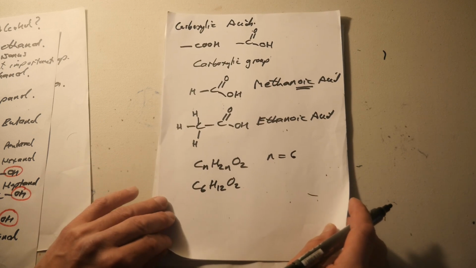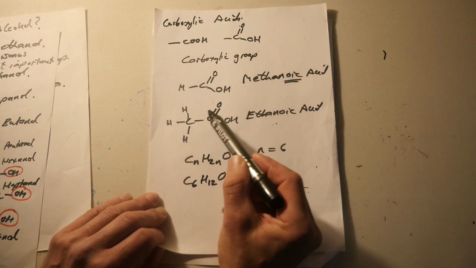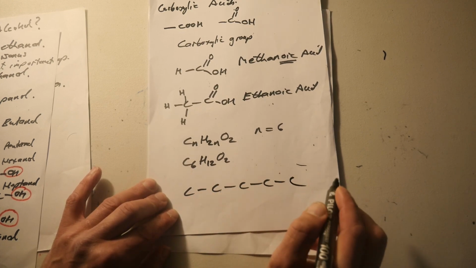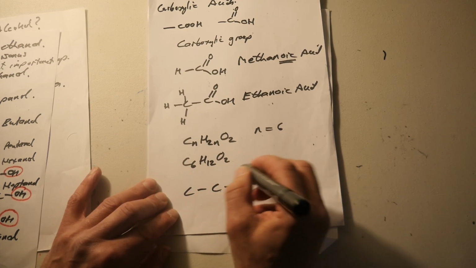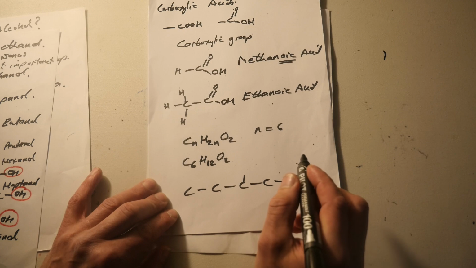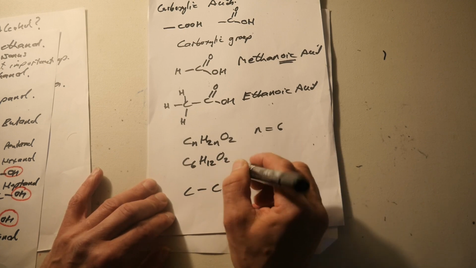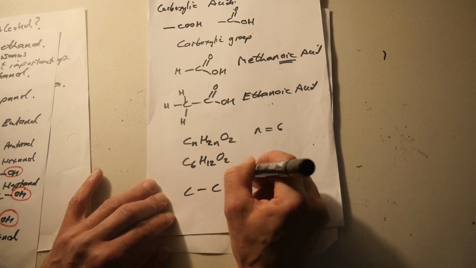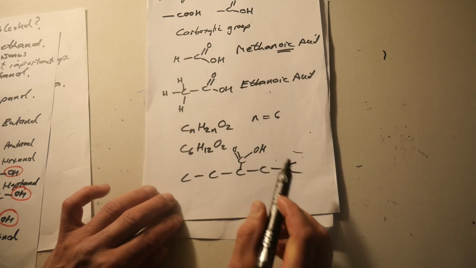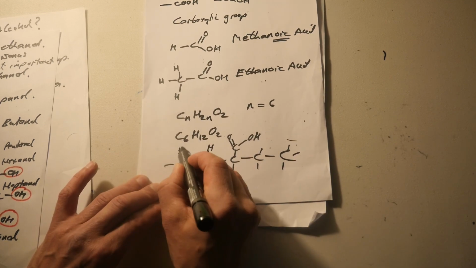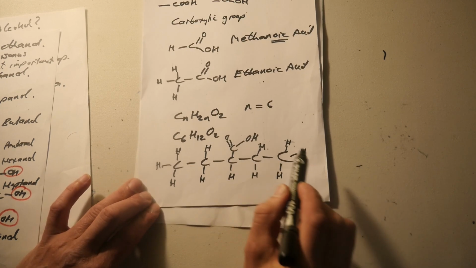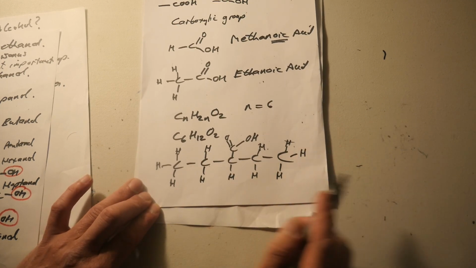Again, the carboxylic group could be at the end, but it could also be in the middle, like this. I think in your course you're only taught to put them at the end, but they can be in the middle.